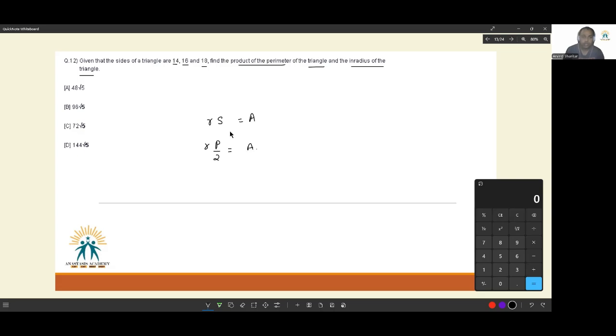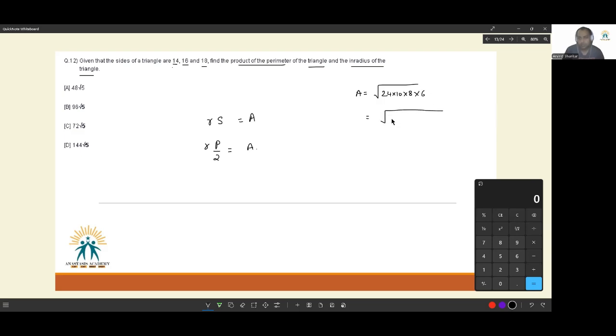Wonderful. Area I can figure out because 3 side lengths are given to me. I can use the Heron's formula to calculate the area. 14 plus 16 plus 18 is 48. So semi-perimeter is 24. So area will be equal to under root of 24 into 10 into 8 into 6.